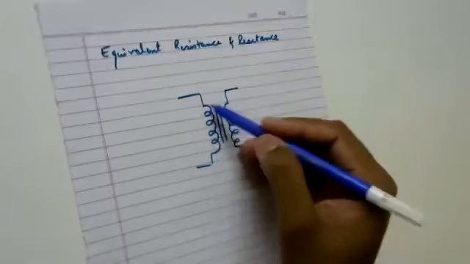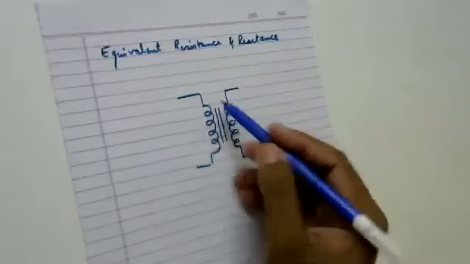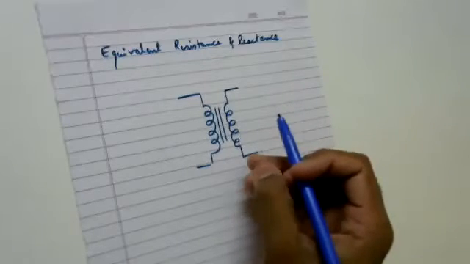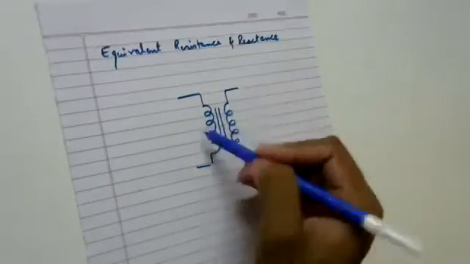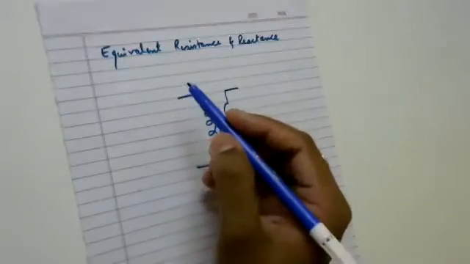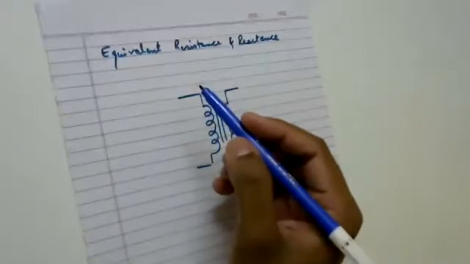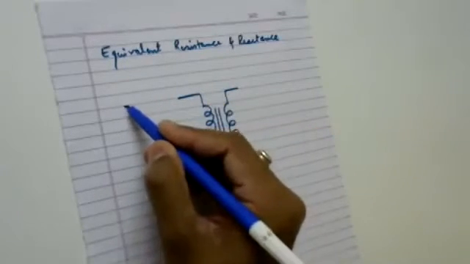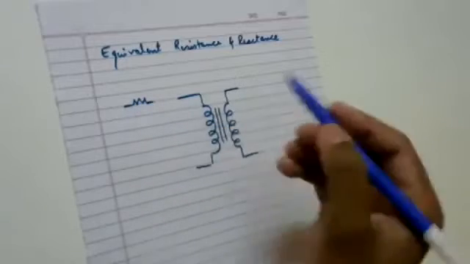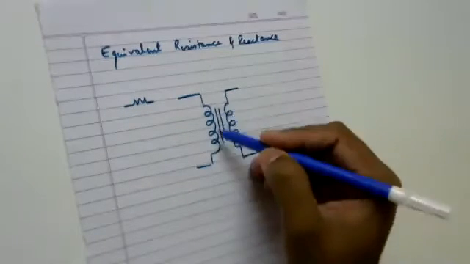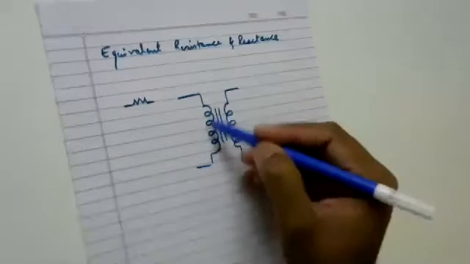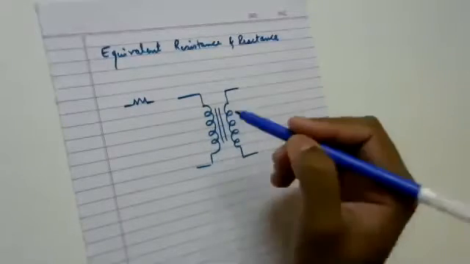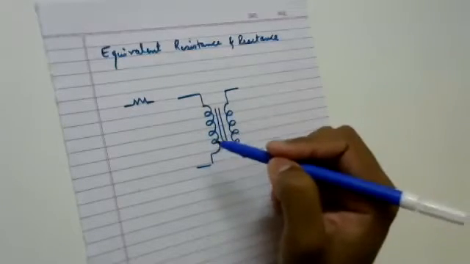Now I know that the primary winding has some internal resistance. This internal resistance is shown with the help of a resistance in series. Then, since there is a concept of leakage flux, where the flux links only with the primary and does not link with the secondary, we call it leakage flux.